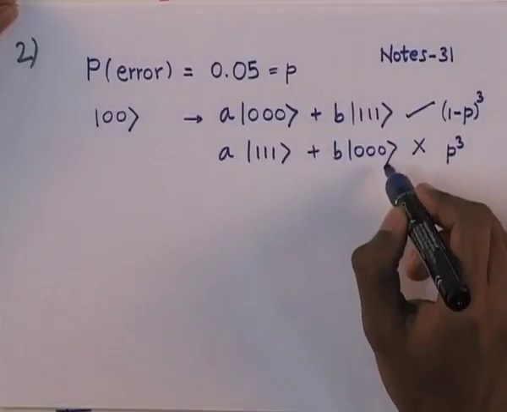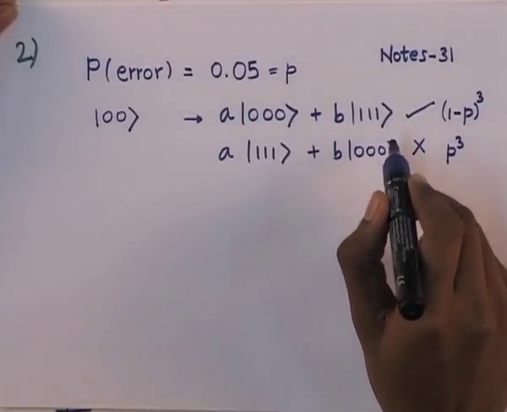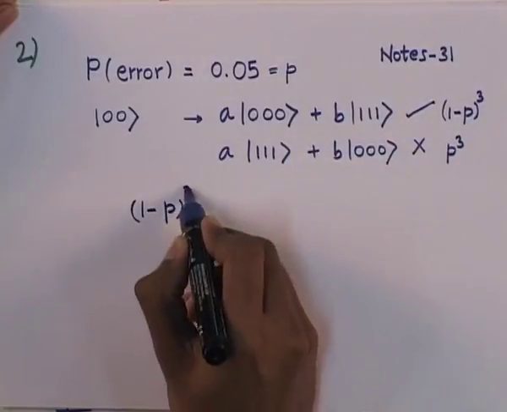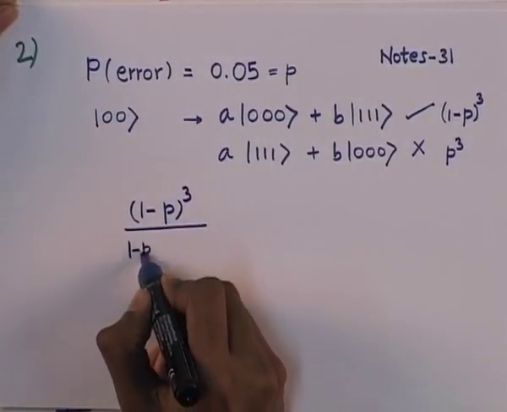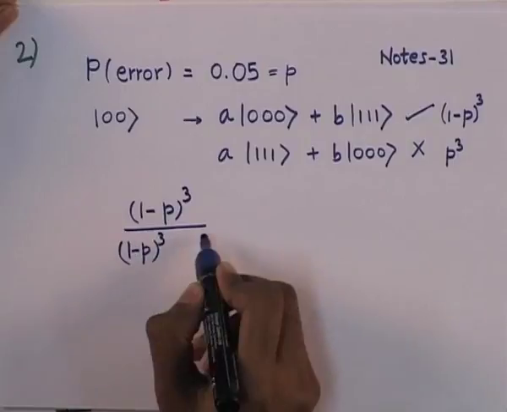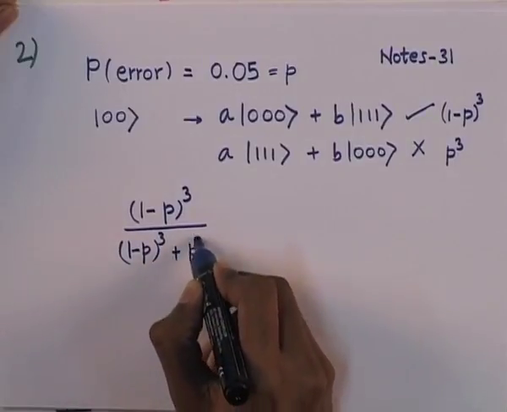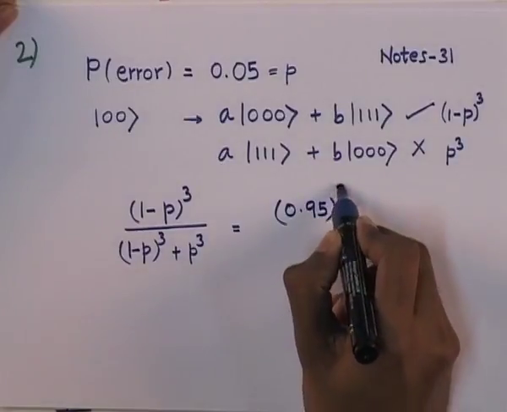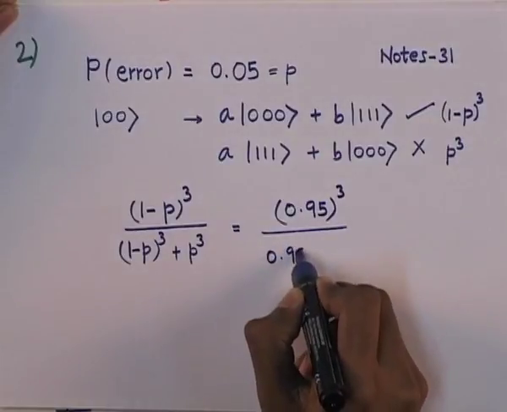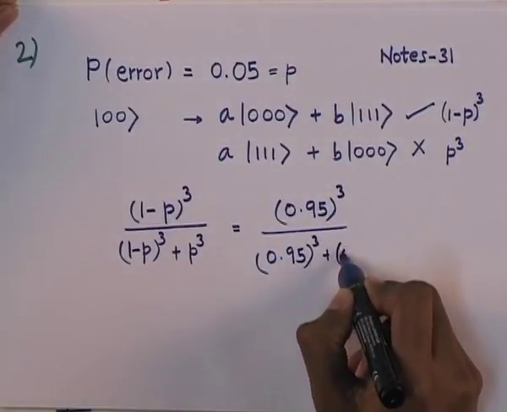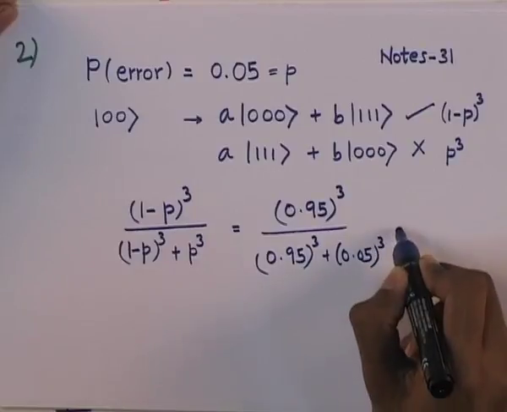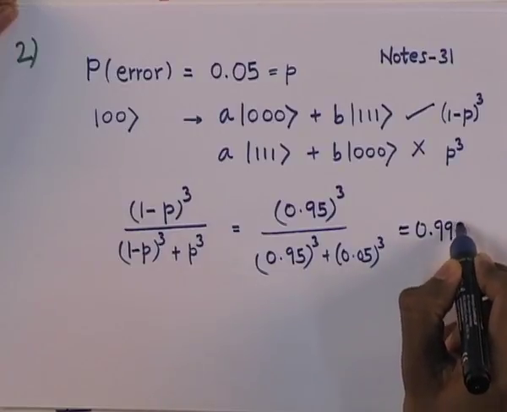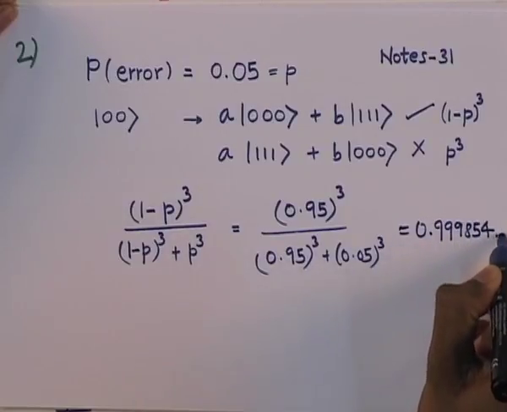So having these two events, the probability of this event occurring is (1 minus p) cubed divided by (1 minus p) cubed plus p cubed, which is 0.95 cubed divided by 0.95 cubed plus 0.05 cubed, which is 0.999854, and so on.